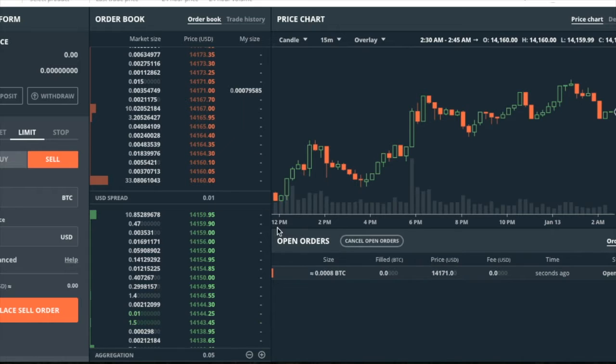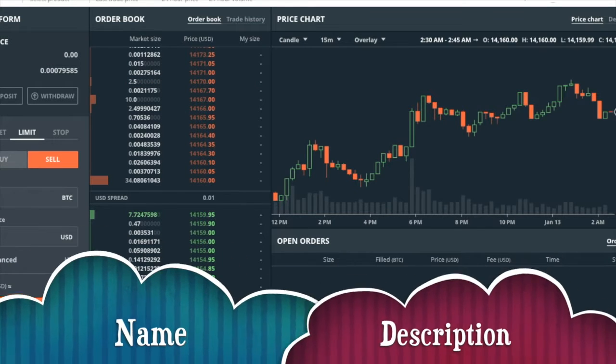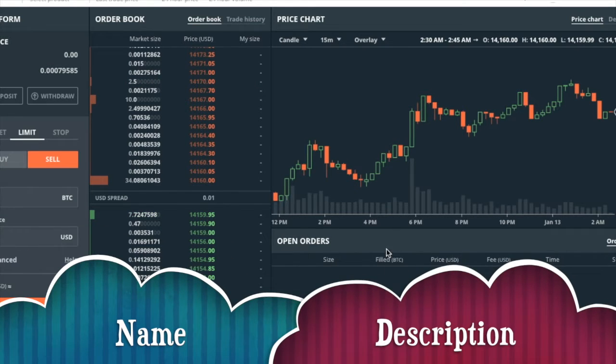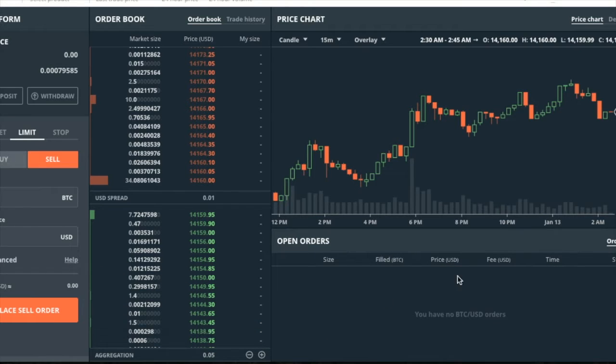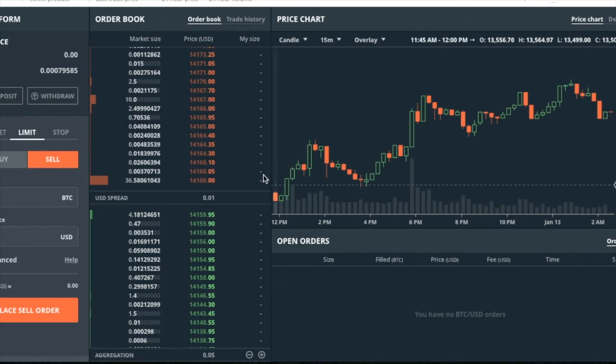And the same thing with buy orders. If you buy on these orders, you don't pay any fees, so you don't have to worry about that. You can check your fills, and it will tell you what the price was, how much it got filled, and what the fee was. Usually if it is a limit order, there are no fees, and there's the time as well.